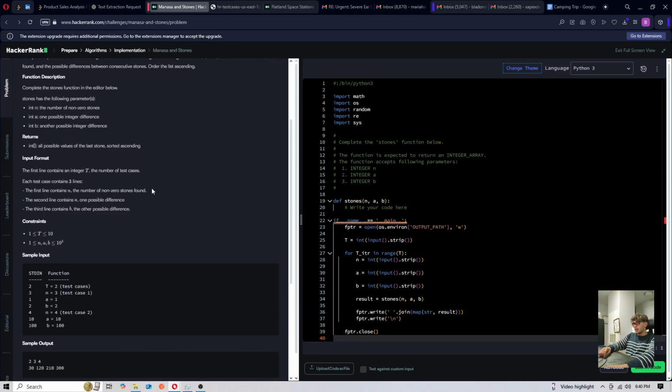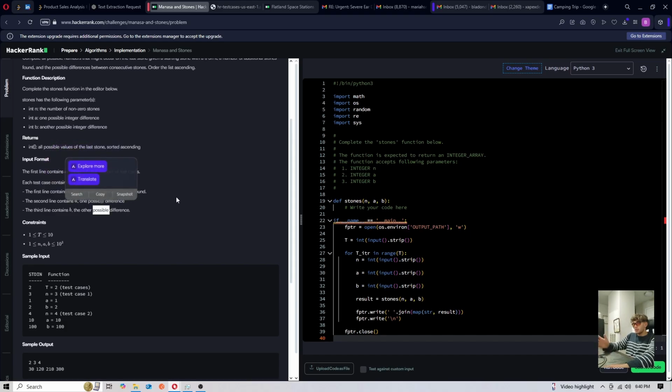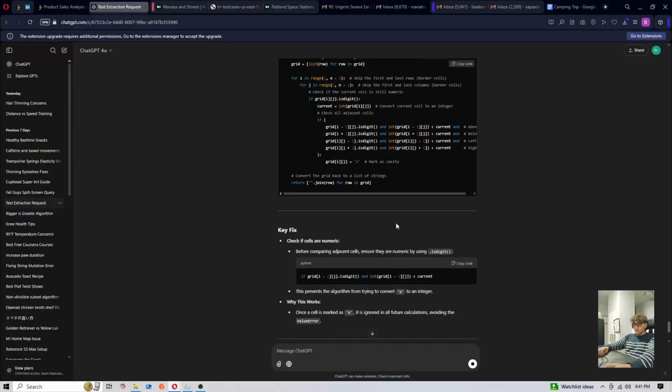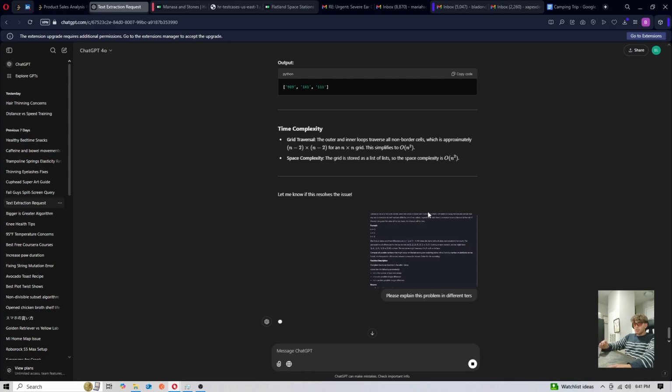The number of non-zero stones found. The second line contains A, one possible difference, B. Okay, so N is the number of non-zero stones. Brother man, not quite understanding this.